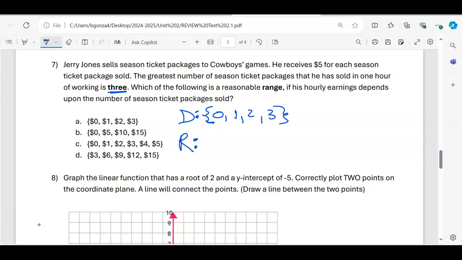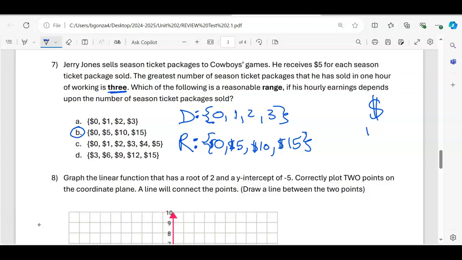So here's the deal. If it's $5 for each sold, well, 0 times 5 is 0. 1 times 5 is 5. 2 times 5 is 10. 3 times 5 is 15. That, my friends, is your range. 0, 5, 10, $15.